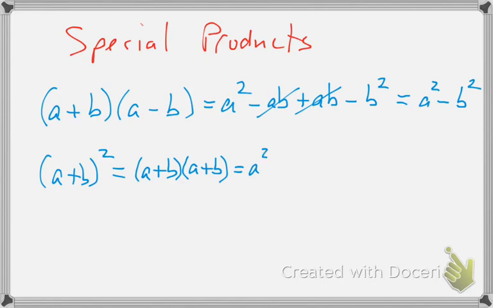Your outside, a positive ab. Your inside, a positive ab. And your last, b squared. And it's all positive, isn't it? So this time, instead of canceling out, we get a squared, and then we get plus 2ab plus b squared. Is that okay?